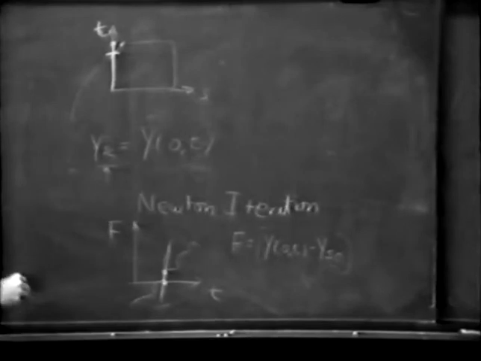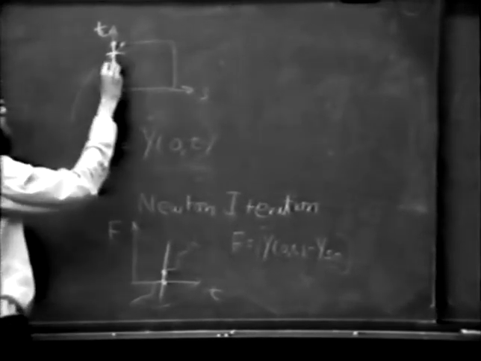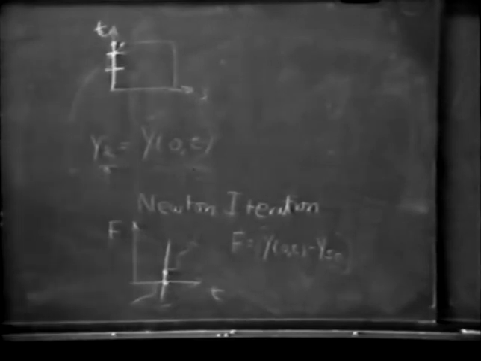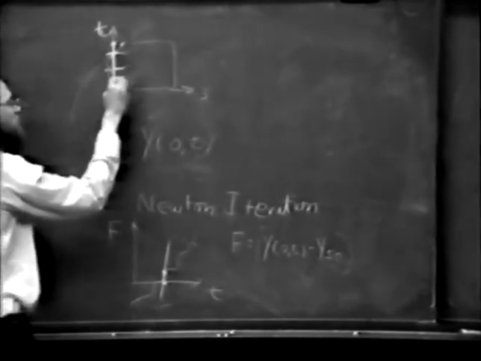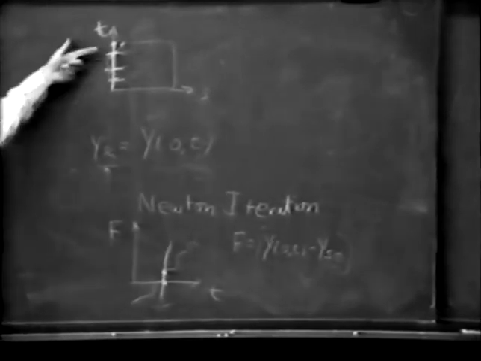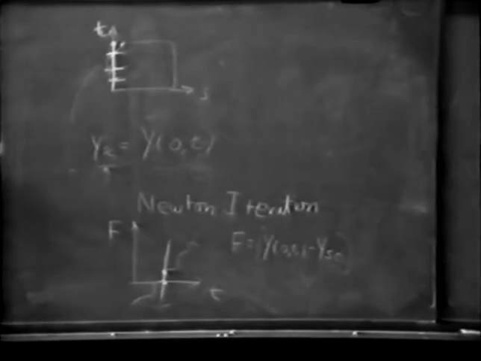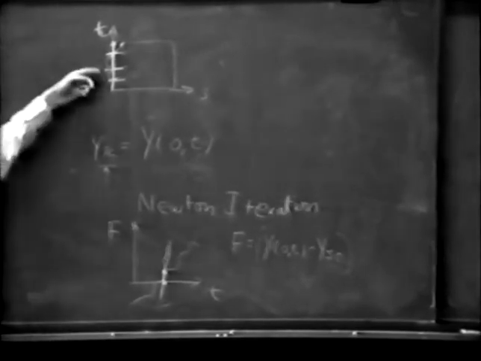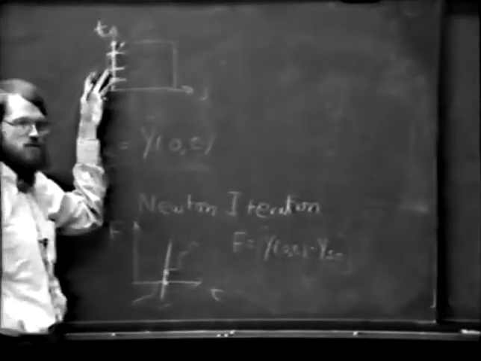On the next scan line, you Newton iterate on that, starting with this as the initial guess, until you get down here. And on the next scan line, you iterate on that, starting with this as the initial guess, until you get down there. So the whole thing is numerically tracking along the edge of this thing. You can't just use a difference equation by adding some delta x and delta z in here. You have to do a little bit more work in order to track along the edge.